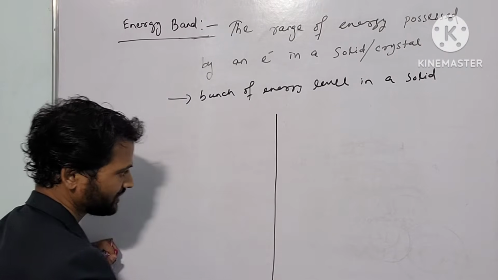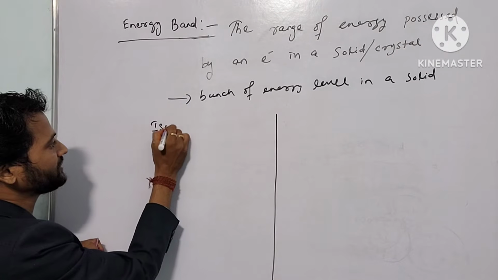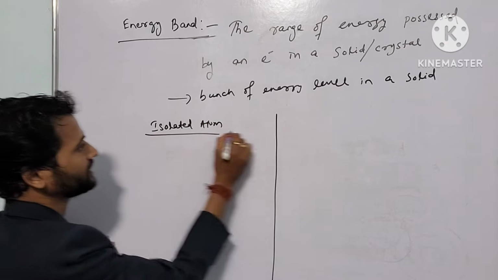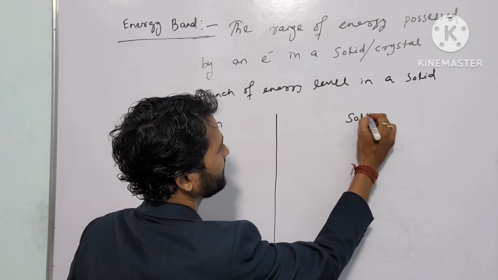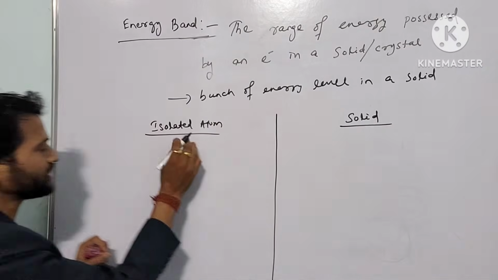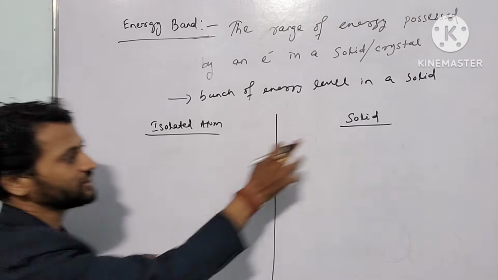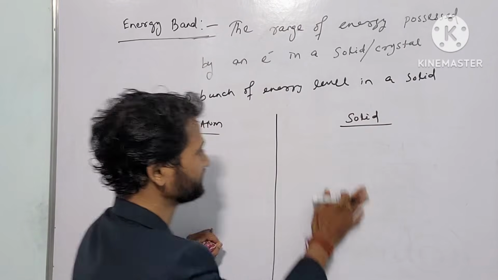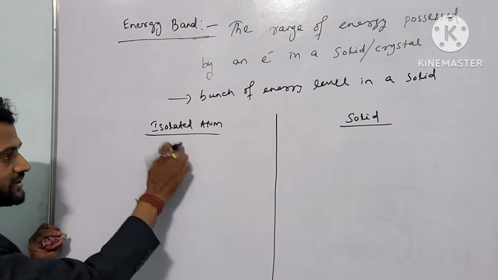So let us take an example of an isolated atom and a crystal. Isolated atom, and here I'll take solid or crystal. Isolated atom means a single atom, and solid means there are millions of atoms that form a solid or crystal. Right? So what happens in an isolated atom?